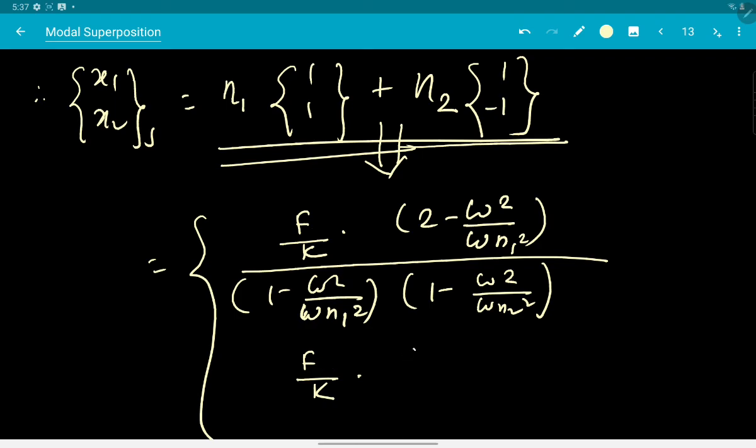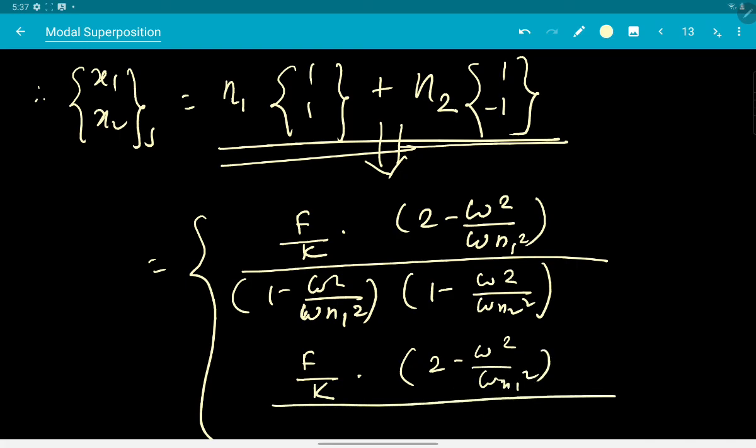Accordingly you will be writing down 2 minus omega square divided by omega n1 square, which will be exactly identical to what we have obtained, and this term is going to be the same, only the second term is going to be different.